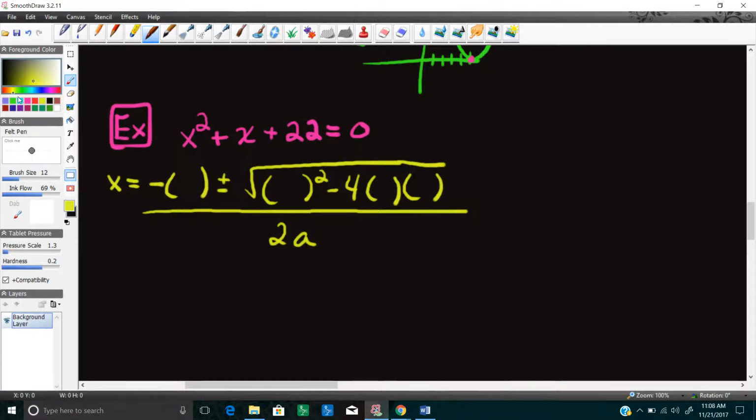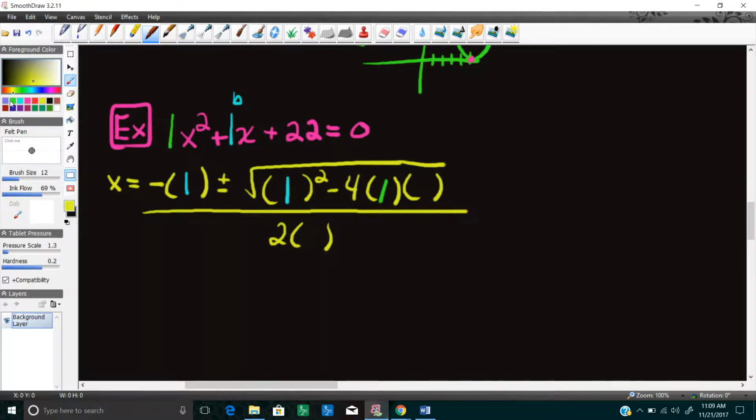Just like before, my b looks like it's going to be this 1 here. So I'm going to put a 1 here and a 1 here. My a is also 1, so I have a 1 here and a 1 down here. I accidentally wrote the a, but I'm replacing it, not writing the a, so there should be a 1 down here.